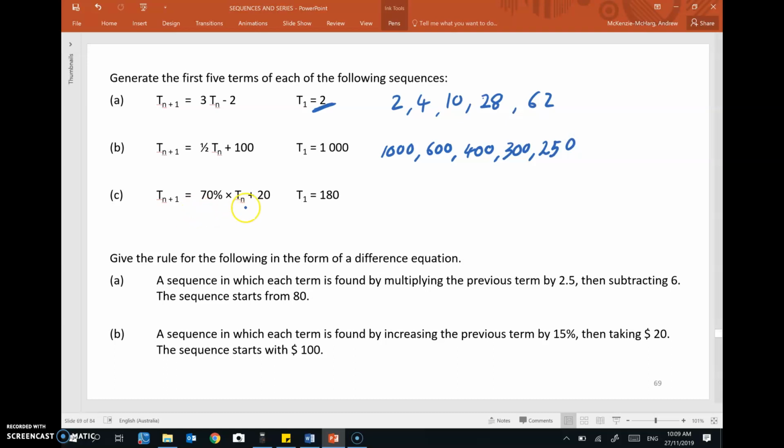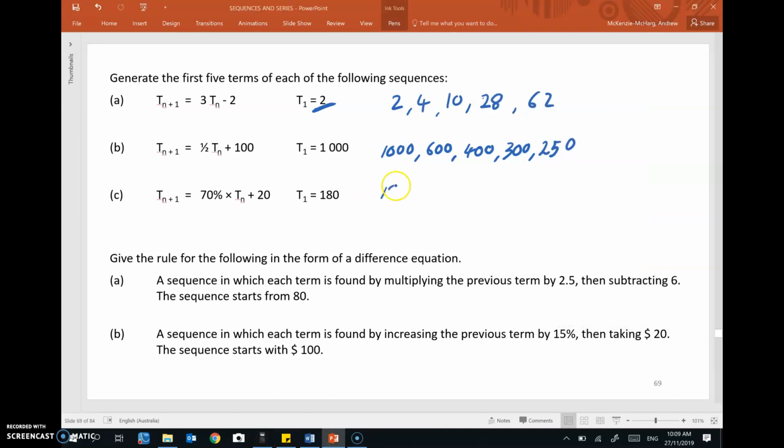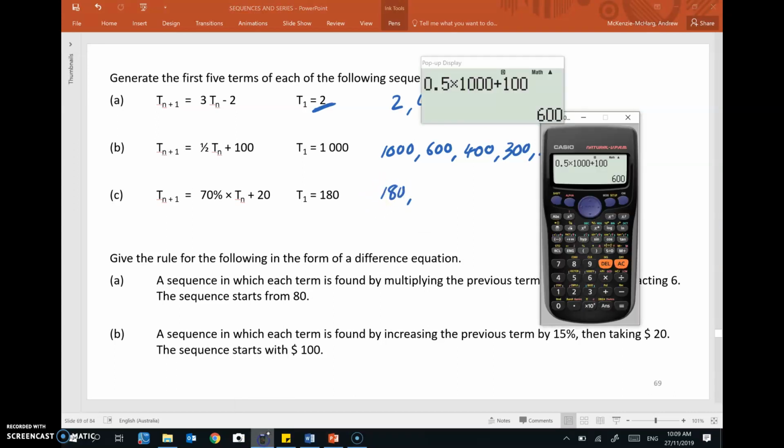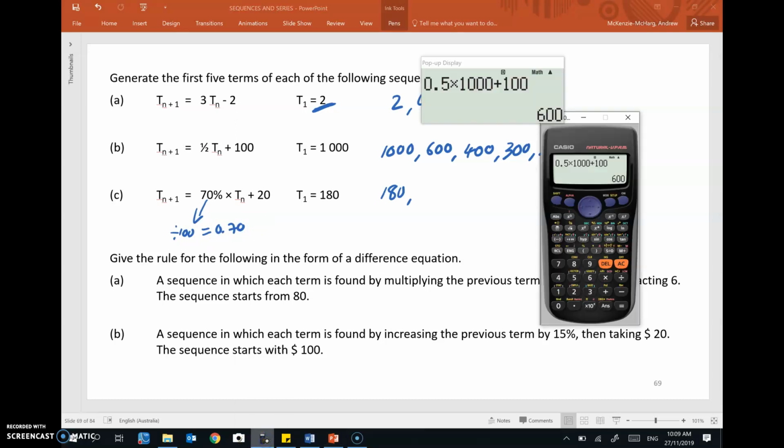Okay, now the percentage one. That might be a little tricky. For this one, we're starting with 180, so I'll write that down. That's the first term in the sequence. So to multiply by that percentage, we need to convert that to a decimal, all right? So we divide it by 100, which gives us 0.7. So that's what we multiply by, not by 70.